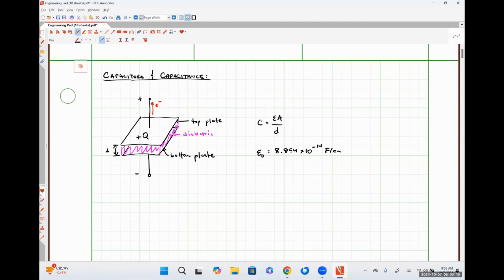And similarly, electrons are going to be attracted to the bottom plate, which means that we're going to have some negative charge down there.